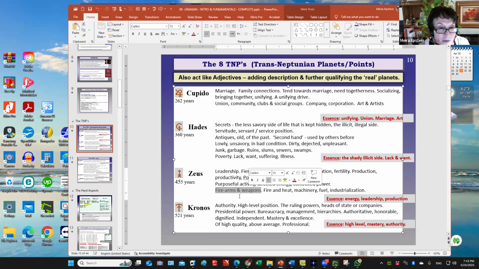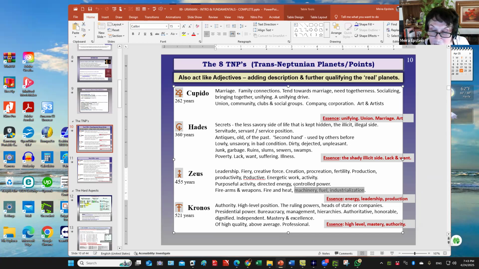But some people live in a society, environment, economy that does have to do with weapons, and sometimes it shows up. I have one chart that shows that, having to do with weapons, literally. Other than the weapons, we have fire and heat, machinery, fuel, industrialization.